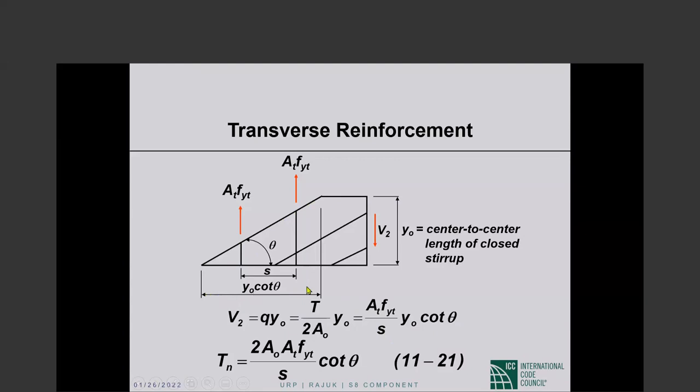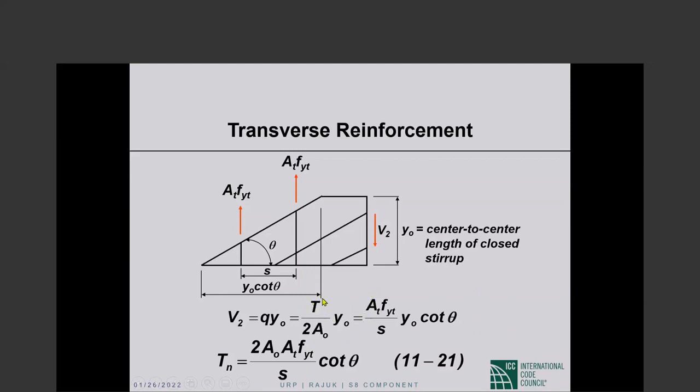That number of stirrups multiplied by the force in each of those closed ties gives us the total vertical force in however many closed ties have been crossed by the crack. This vertical force has to be equal to that shear for vertical equilibrium. Okay? So this is equal to that.